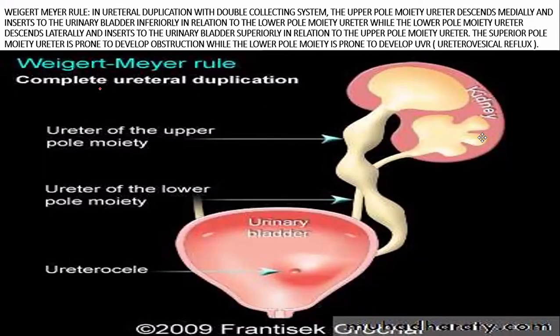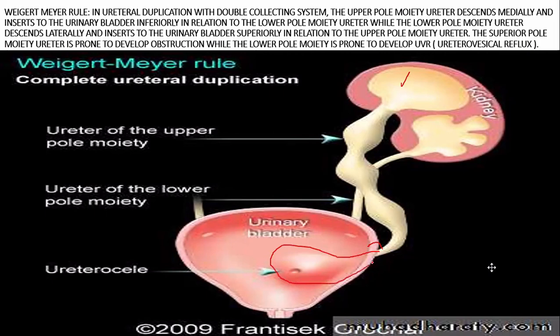The Weigert-Meyer rule, therefore, applies to incomplete ureteral duplication and double collecting system. The upper pole moiety goes medially and inserts inferiorly and is prone to develop obstruction and ureterocele formation.